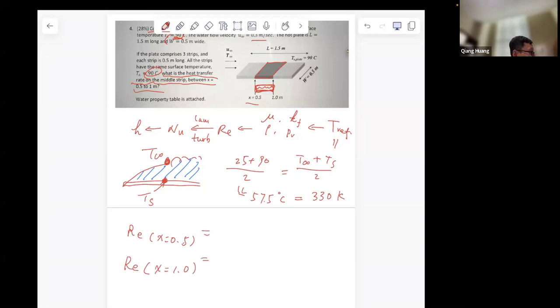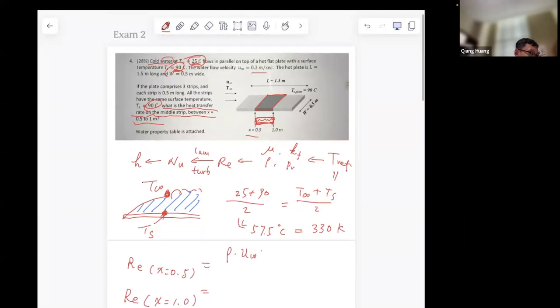After you put those in, the density, the infinite velocity, which is 0.3 meters per second, and x equals 0.5, and then the viscosity.